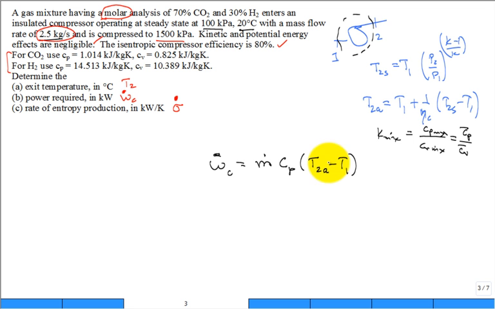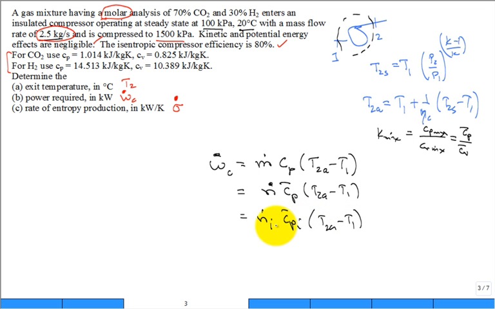And somebody says, well, how about if I do the molar flow rate times C sub P bar of the mixture times T2 actual minus T1. That'll work too. Why don't I do the molar flow rate of the component, let's say I, C sub P I bar, T2 actual minus T1, and then sum over the two components? Will that work? Sure will. There's a couple ways to do this.